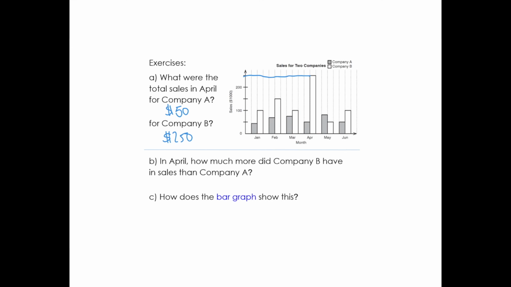In April, how much more did company B have in sales than company A? So it's basically asking you, what is the range? Big number, subtract by the small number, equals 200. How does the bar graph show this? Well, the bar is longer. That part right there is longer. So that shows you that there is more.